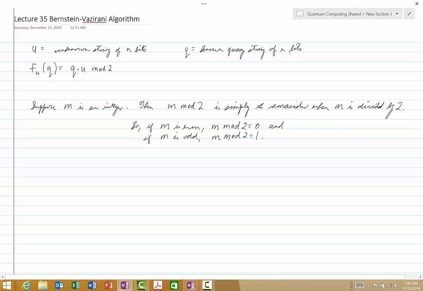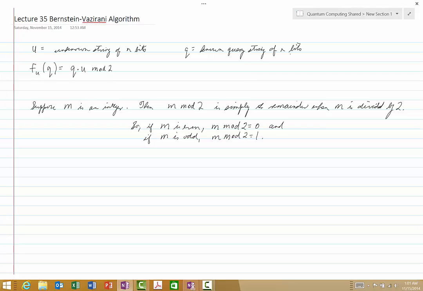But the way that f sub u works is that if you give it some query string, then what f sub u will do is compute q dot u, and remember q dot u is simply equal to the number of positions in which the string q and the string u both have a 1. And then once it computes that value, it won't tell you that value, but it will divide that value by 2, and it will tell you the remainder.